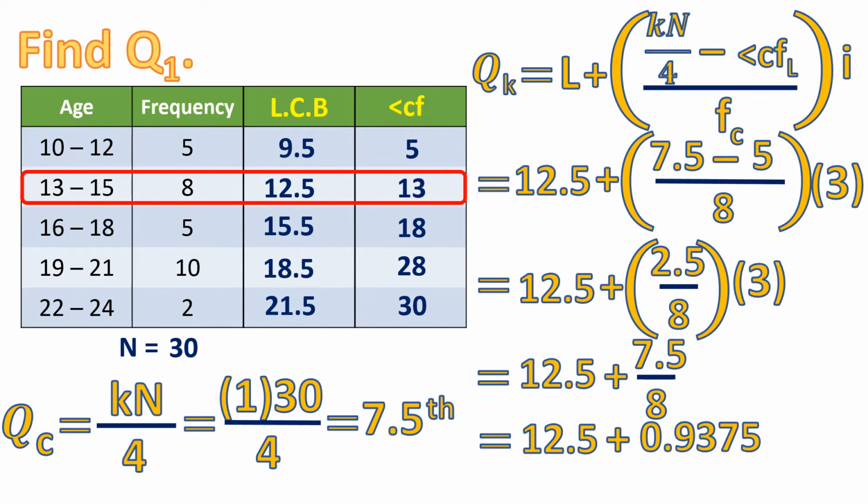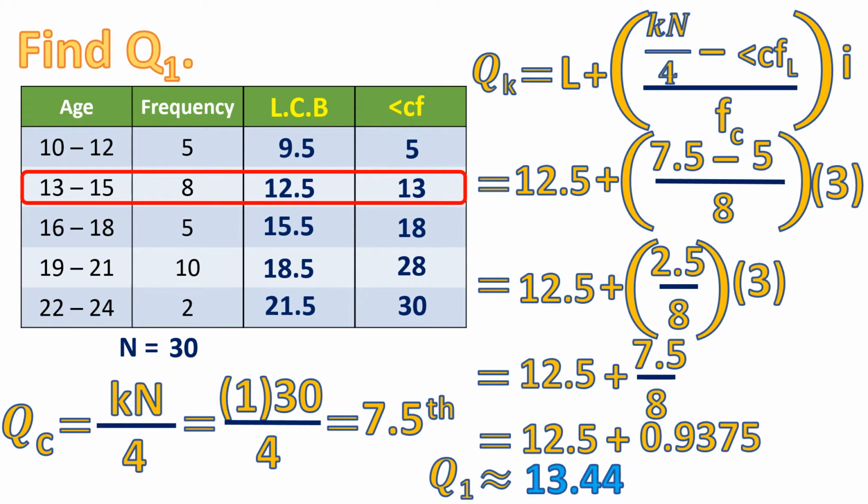This is 0.9375. And then now we can have the final answer. The first quartile is approximately, because we will round to two decimal places, 13.44. So the first quartile is 13.44.